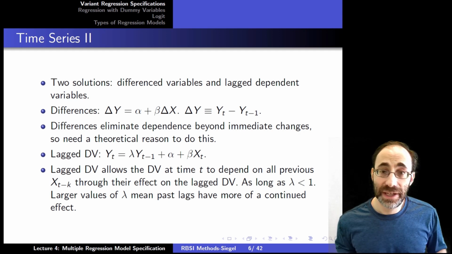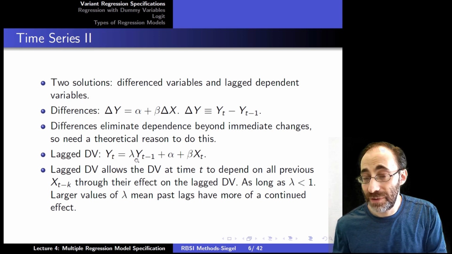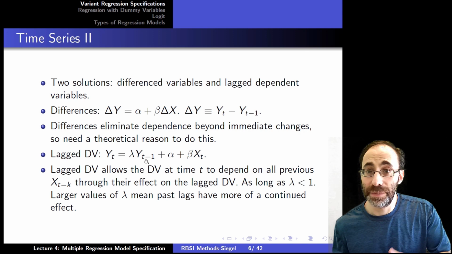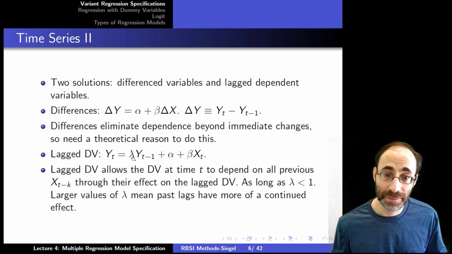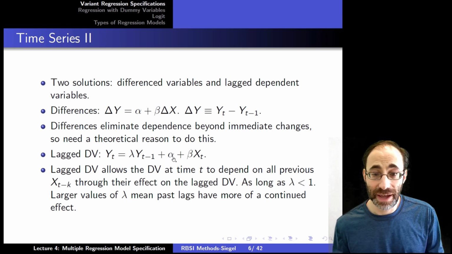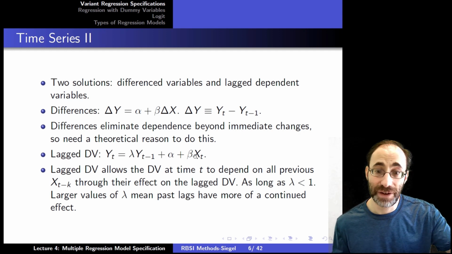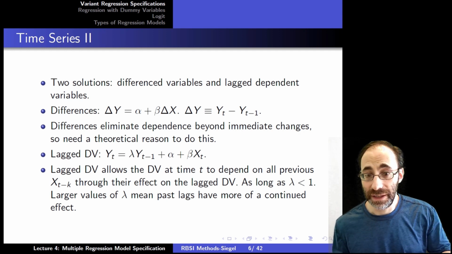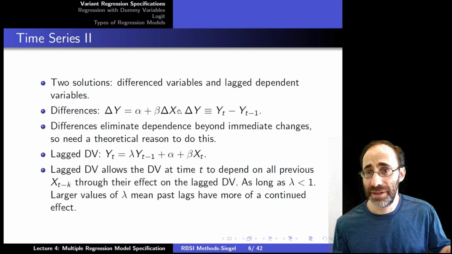The other thing you see pretty often is a lag-dependent variable. Now you make your dependent variable y at time t a function of the same dependent variable at y sub t minus 1, so at the previous time, times some coefficient lambda, this is lowercase lambda, plus the other stuff that mattered at time t. So plus the constant alpha, plus beta times x sub t. And here, you should note that these x's can be individual points.